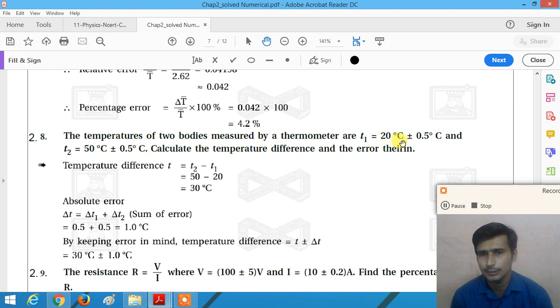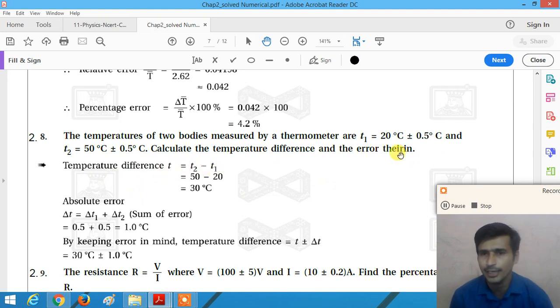So here 20 degrees Celsius is the true value of the temperature, and 0.5 is the average absolute error in temperature T1, and T2 is equal to 50 degrees Celsius plus or minus 0.5 degrees Celsius. Calculate the temperature difference and the error in it, right?